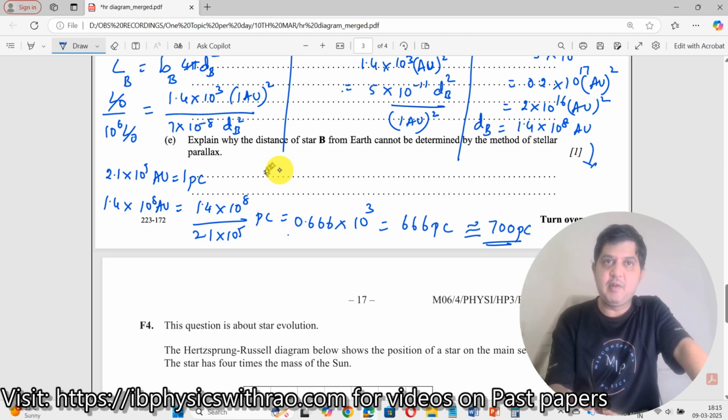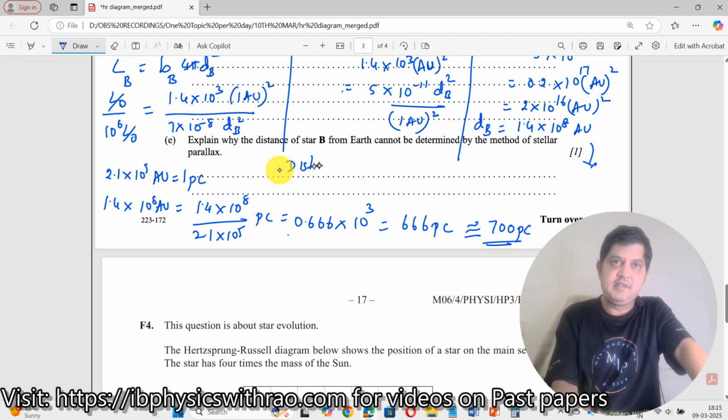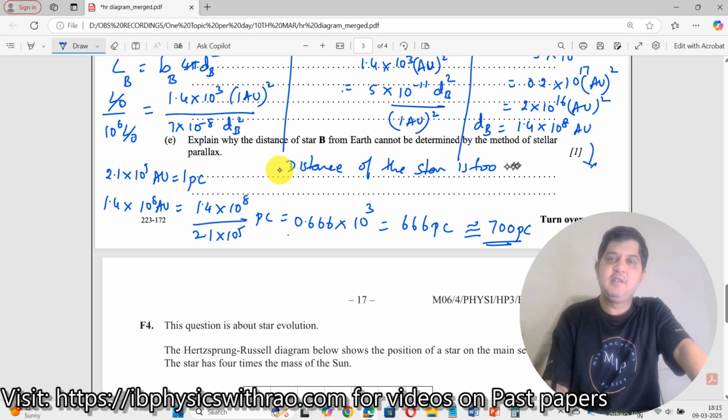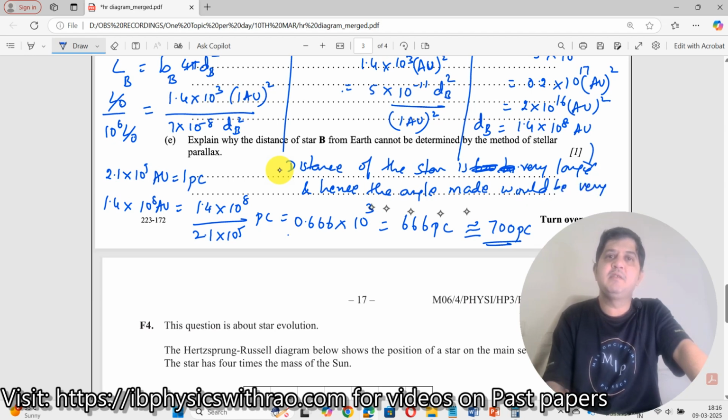So what you have to write here? You have to say the distance of the star is very high, very large, and hence the angle made would be very, very small.